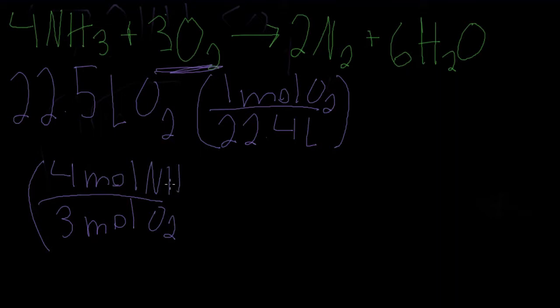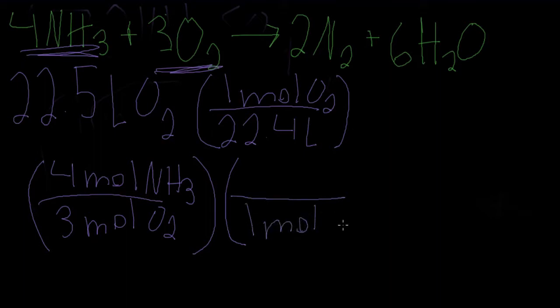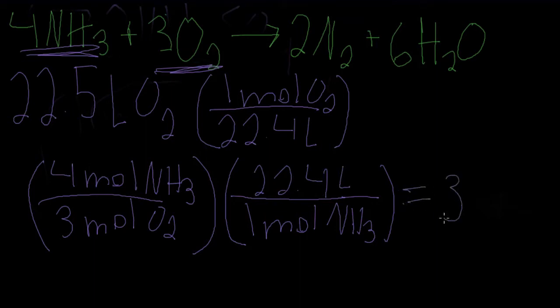And that will leave us with a certain number. Following which we're going to be dividing by 1 mole of NH3 and multiplying by the same constant, 22.4 liters, leaving us with a total of 30.0 liters of NH3.